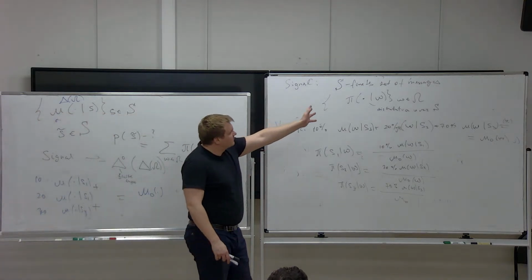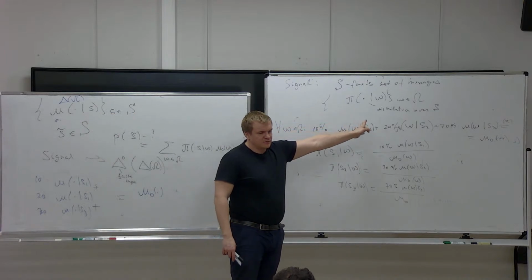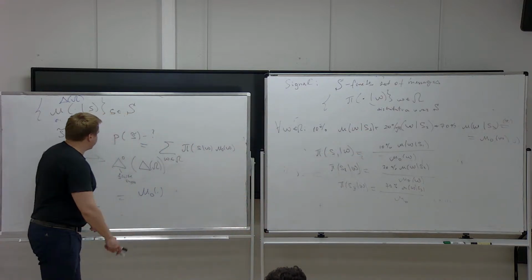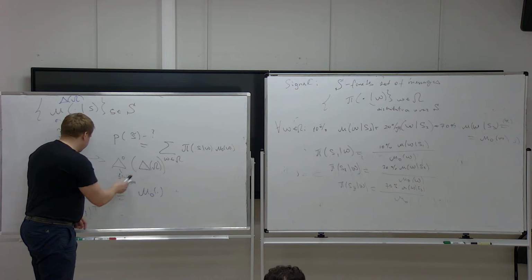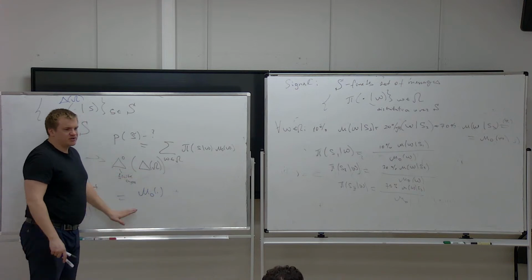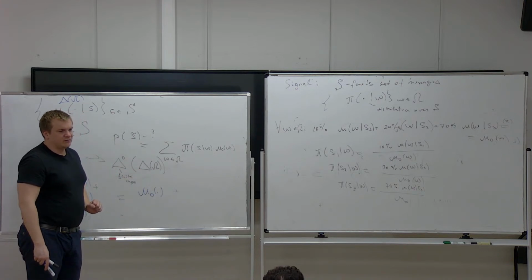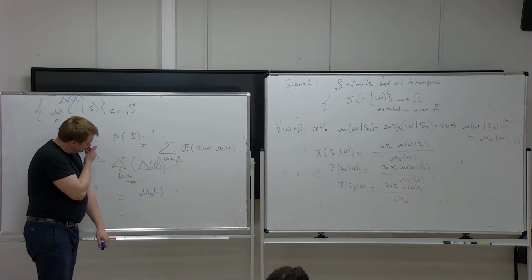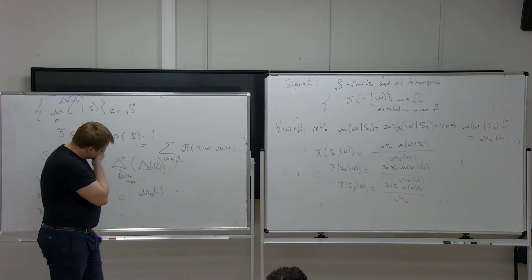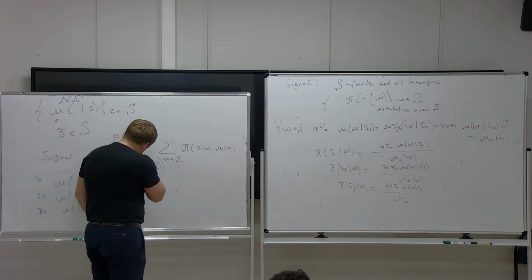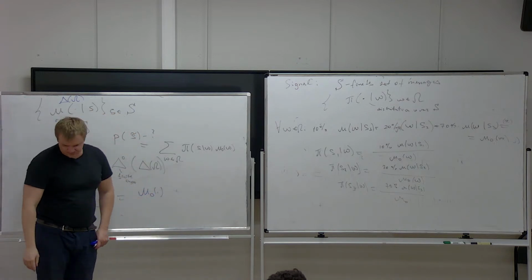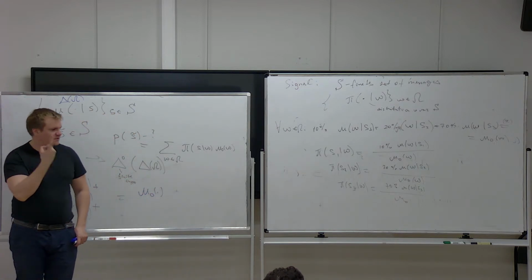Picking among signals for the sender in this game is equivalent to picking among these elements which satisfy this Bayesian equality. But now, this is the first observation.